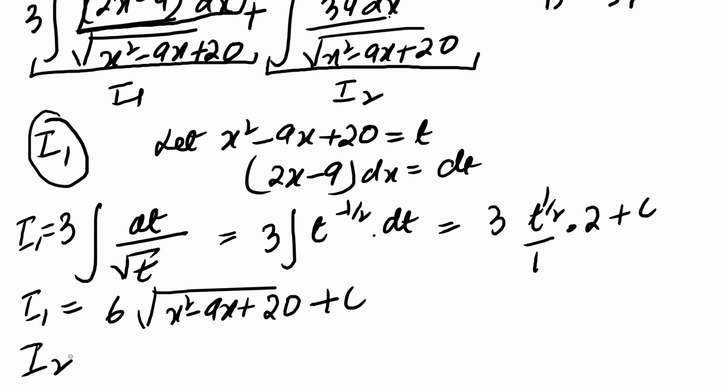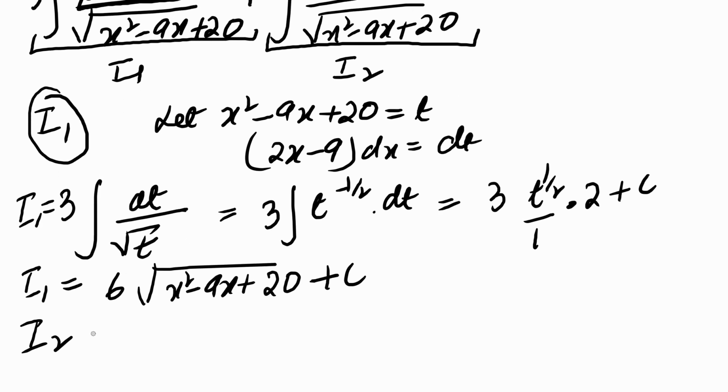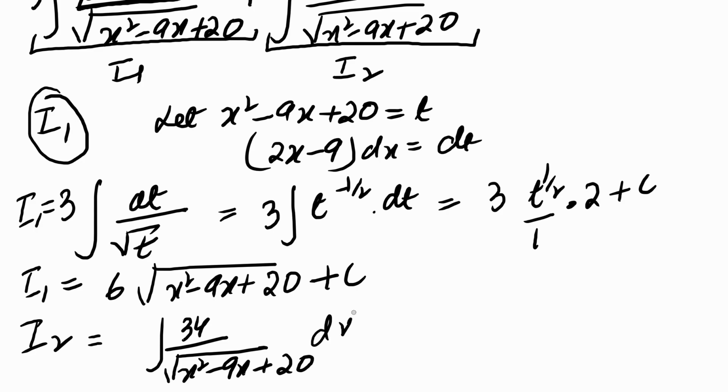Now we will take I2. What is I2? I2 is only that the numerator is 34 and the denominator is the same. So I2 is the integral of 34 upon under root x square minus 9x plus 20, dx. Now what we will do? We will try and convert it into the formula. We have direct formula for under root x square minus a square.